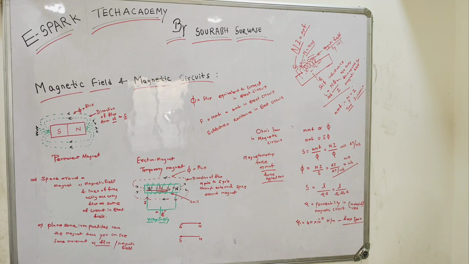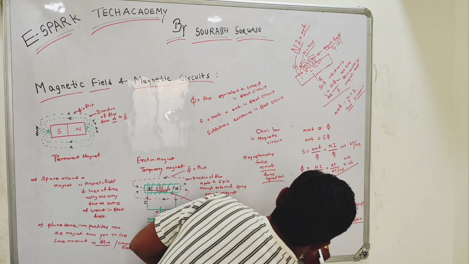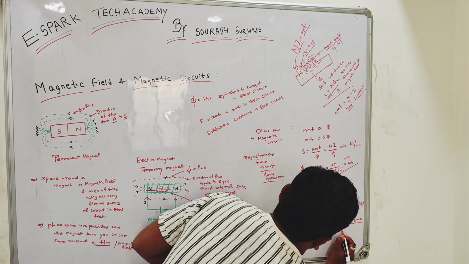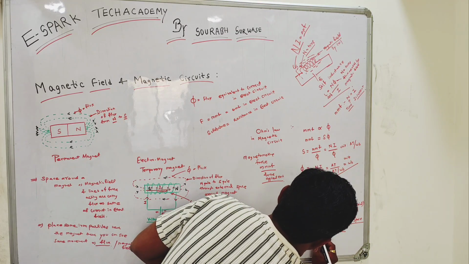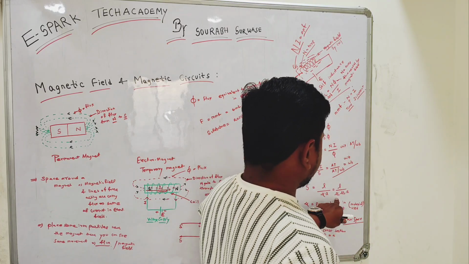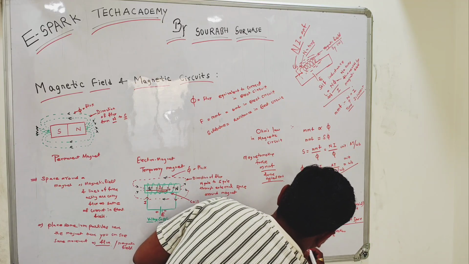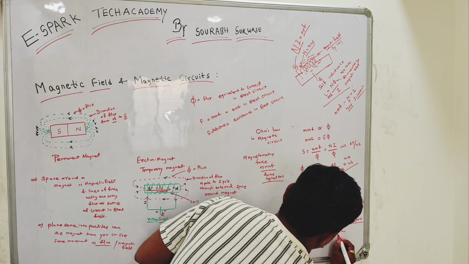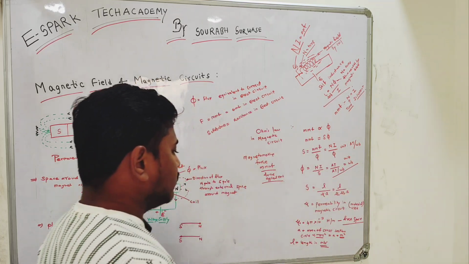A is the area of cross section. If it is circular, it will be pi r square. And L is the length in meters. Area will be in meter square.